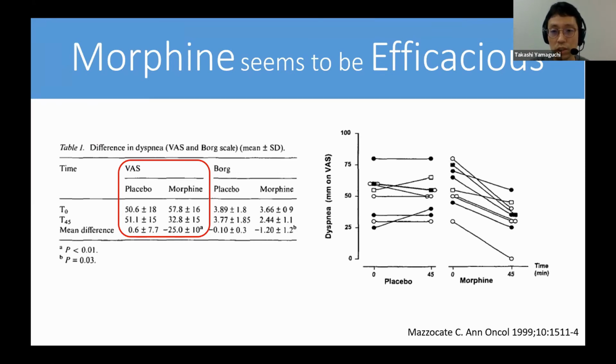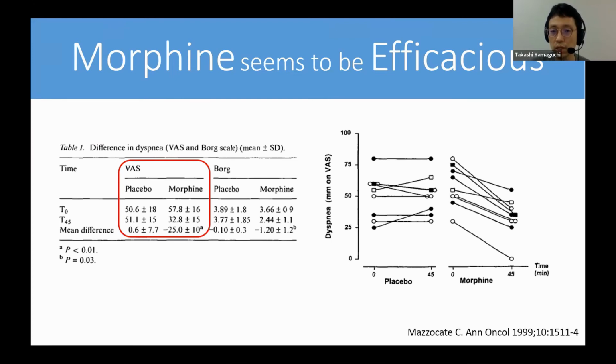So which is a statistically significant difference. There are other similar studies showing similar results. So the efficacy of morphine for cancer dyspnea seems to be promising.